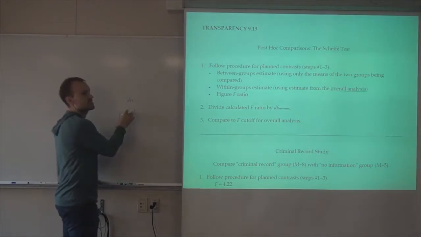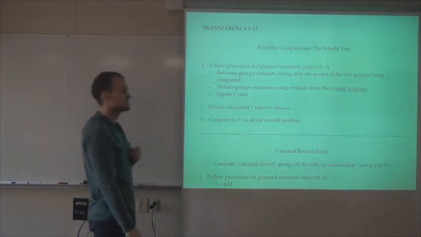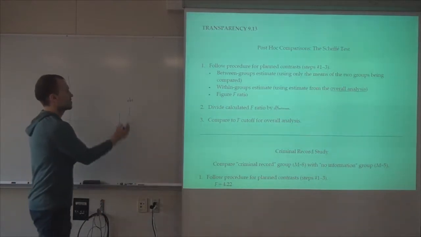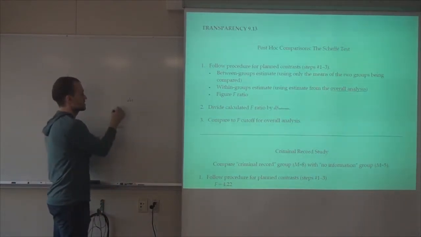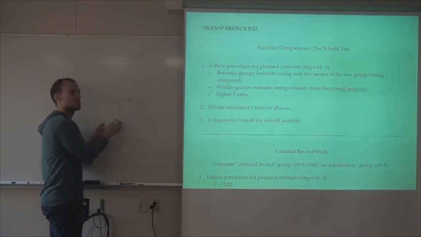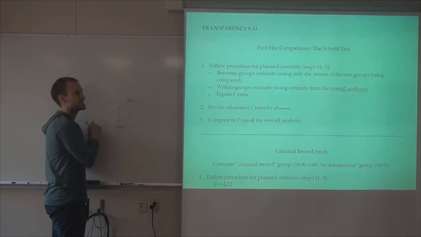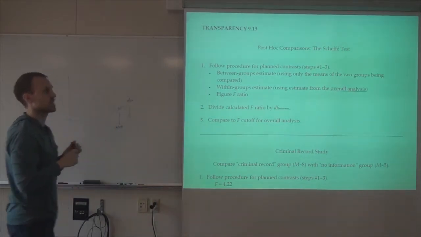I'm going to divide this by the degrees of freedom between, which is essentially going to decrease this and shift it somewhere to the left, which I'm then not going to reject as easily with this adjustment or correction.